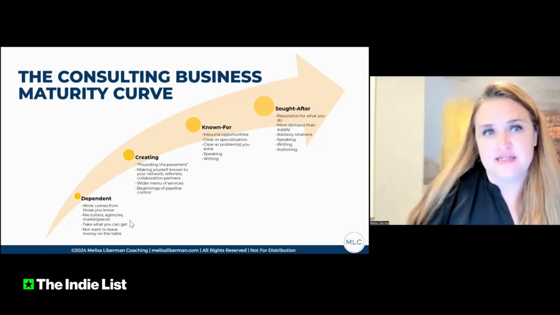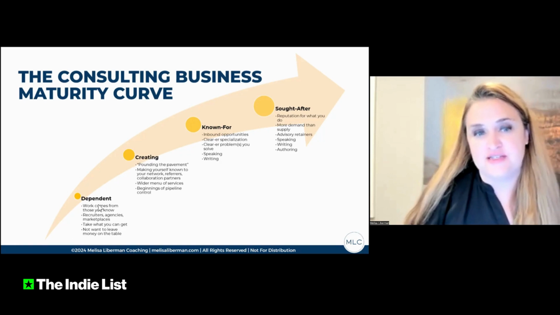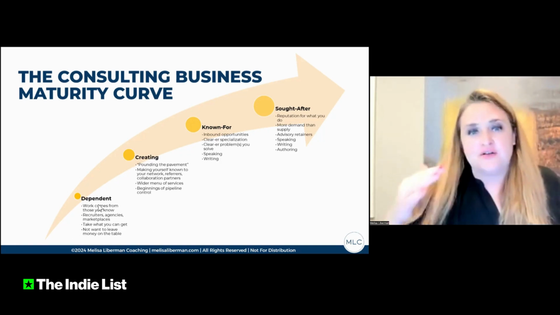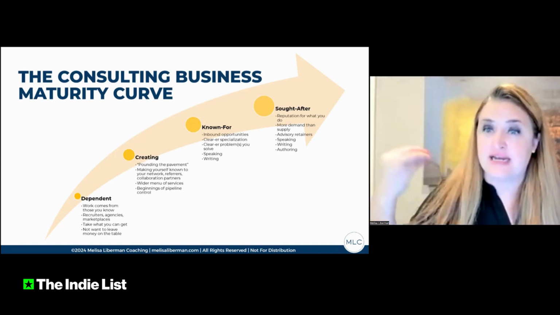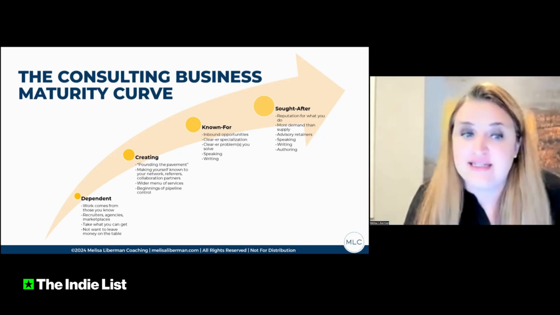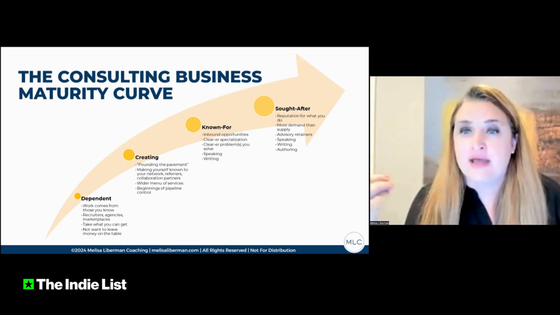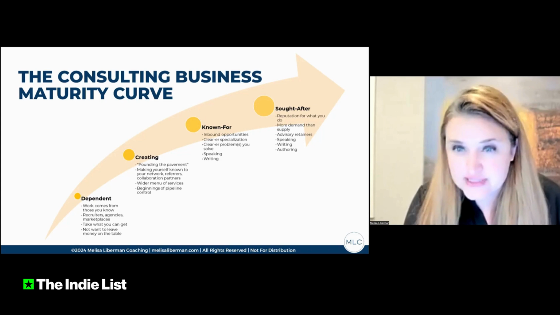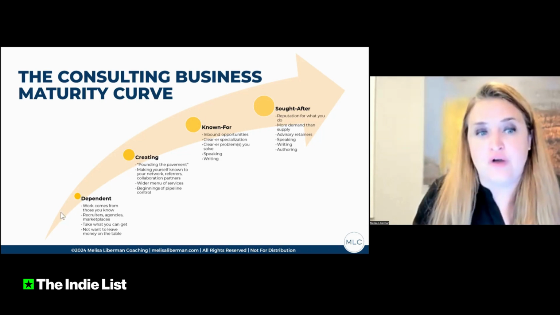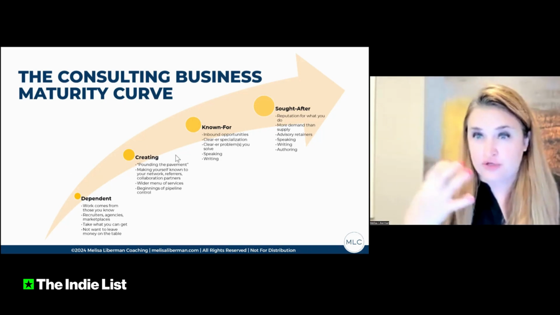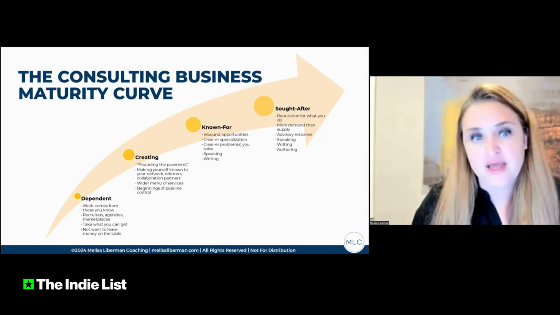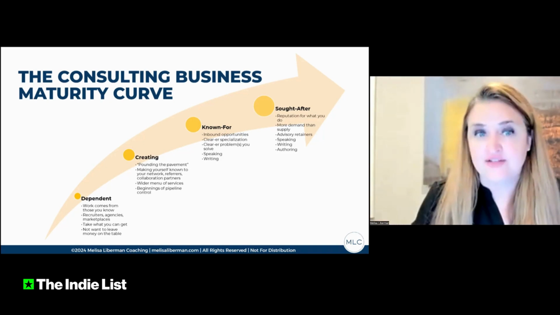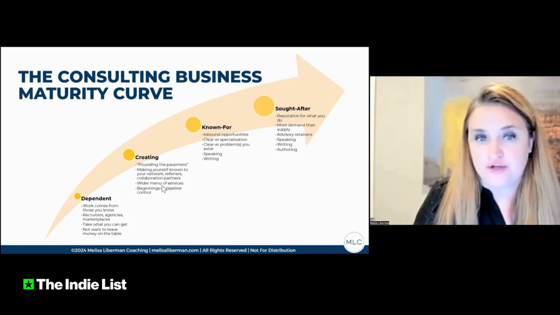While this is a great place to start, as Una mentioned, start thinking about building relationships and having those marketplaces like the indie list know who you are and what it is that you do and how you stand out, and starting to move up this curve from just taking the roles that come to you and figuring out how to make them work, to being more proactive in what you are creating in terms of what you're offering.